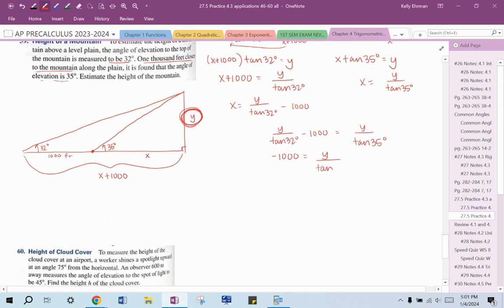So it's negative 1,000 equals y times tangent of 35 minus y divided by tangent of 32. This allows me to factor out a y. That's going to make this 1 over tangent of 35 minus 1 over tangent of 32. And again, we divide by parentheses.